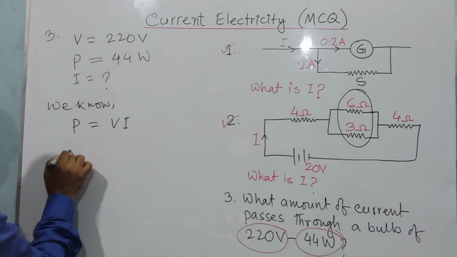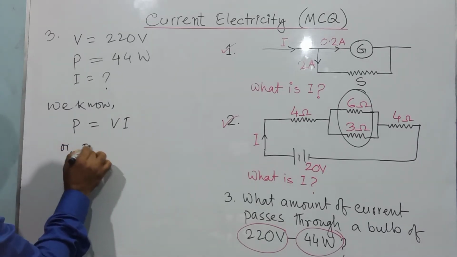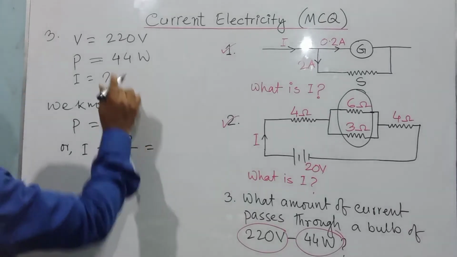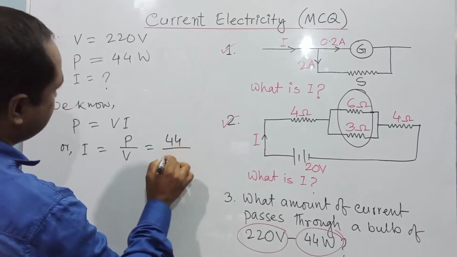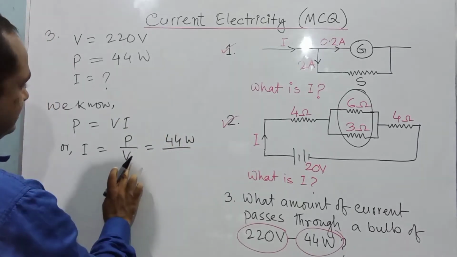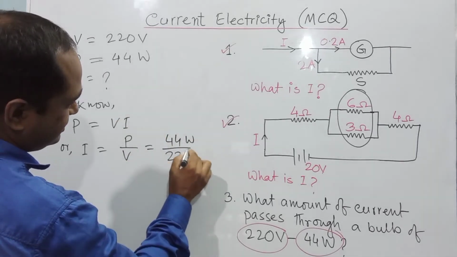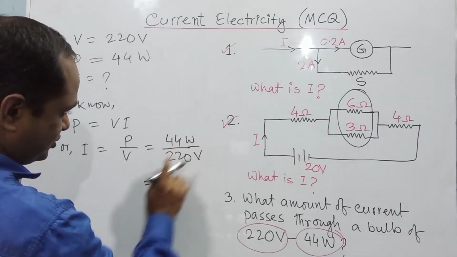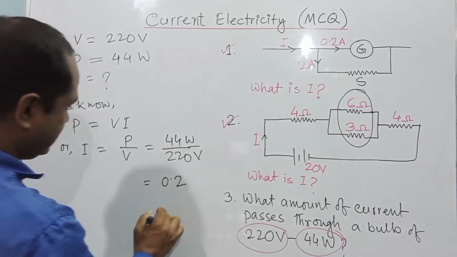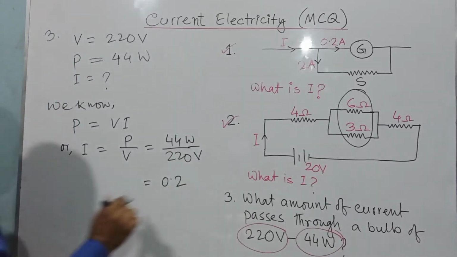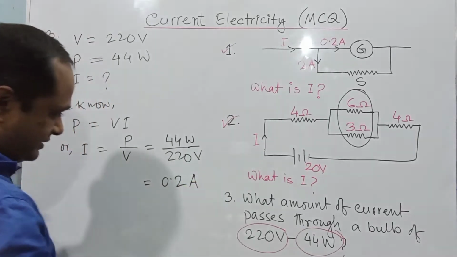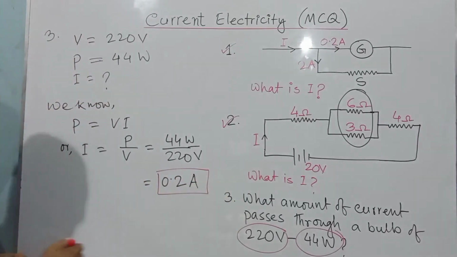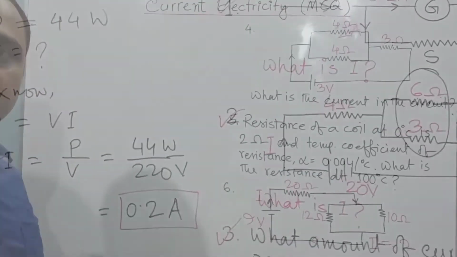So from this expression we can write I is equal to P divided by V. The value of P is 44 watt and the value of V is 220 volt, and after the calculation we will get 0.2, and the unit of I will be ampere. This is the final result for our question 3.